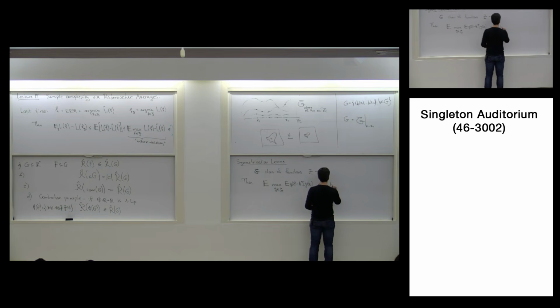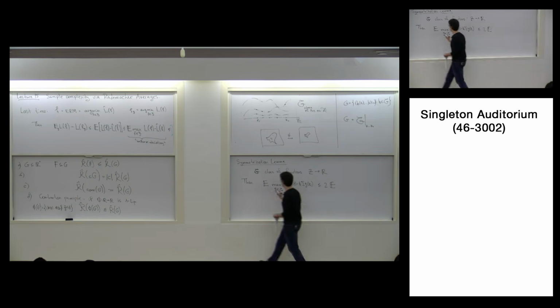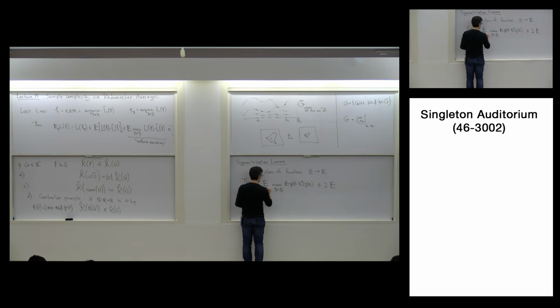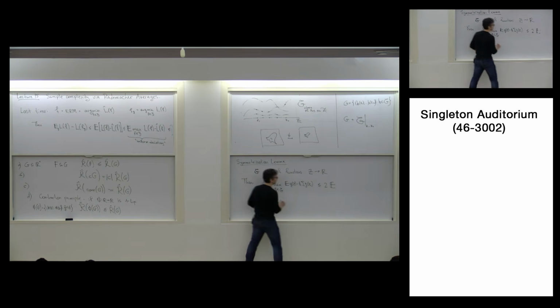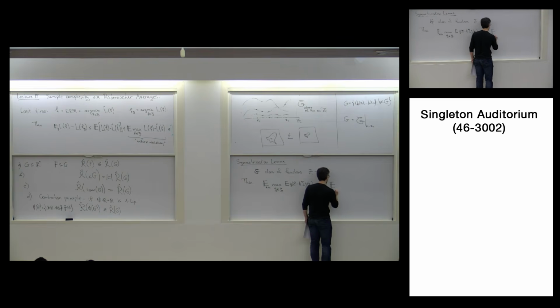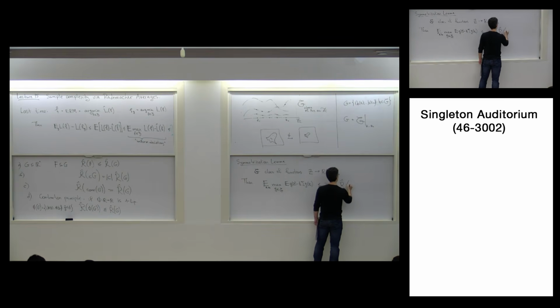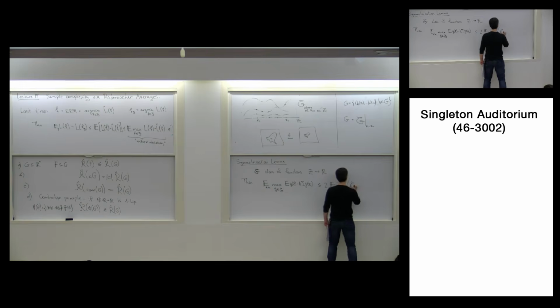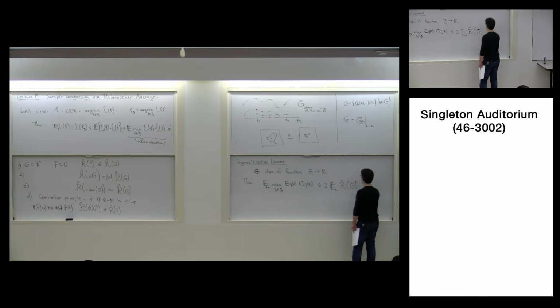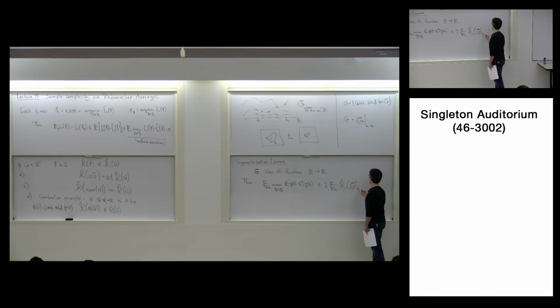2 times expected value. This is the expectation over the data set Z1 through Zn of Rademacher averages of G, calligraphic G, restricted to Z1 through Zn.